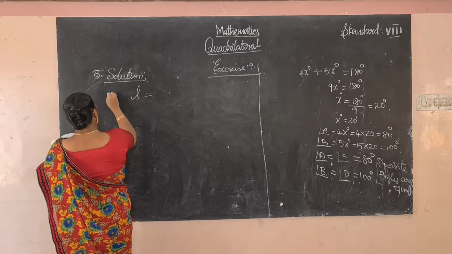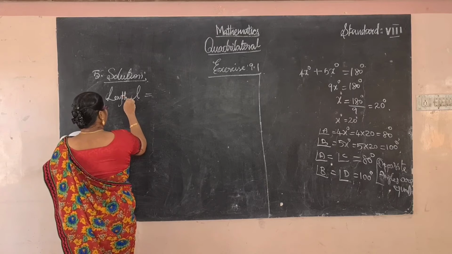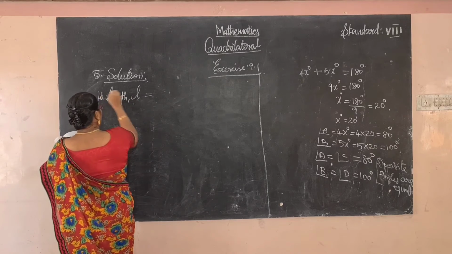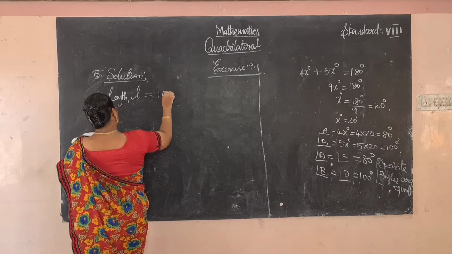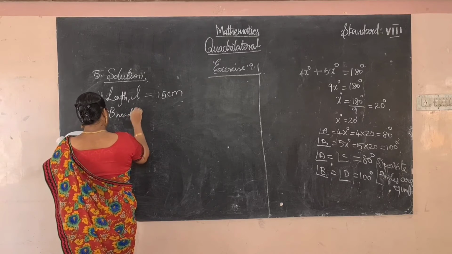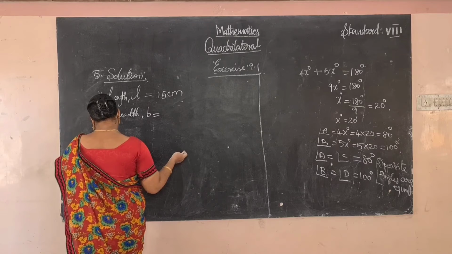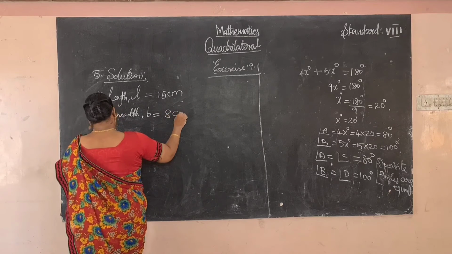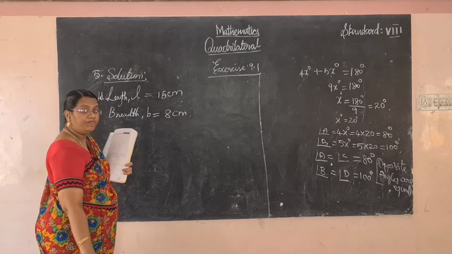Let length L be equal to 15 centimeters and breadth B equal to 8 centimeters. Do you know the formula for the diagonal of the rectangle?